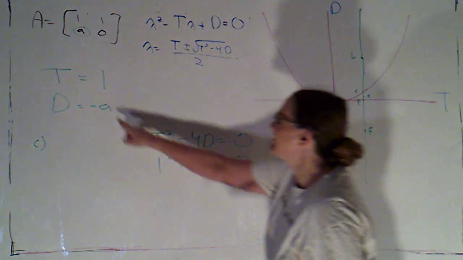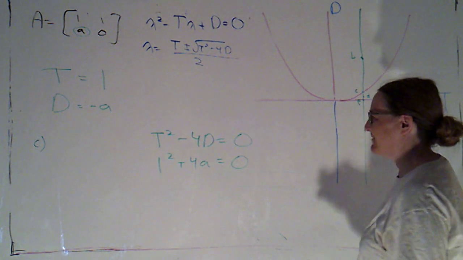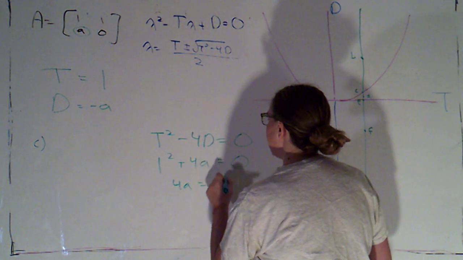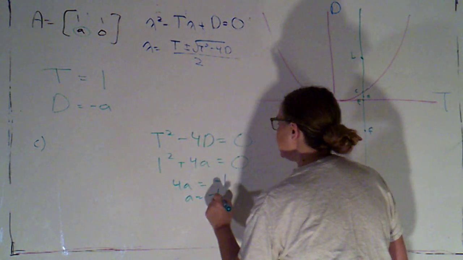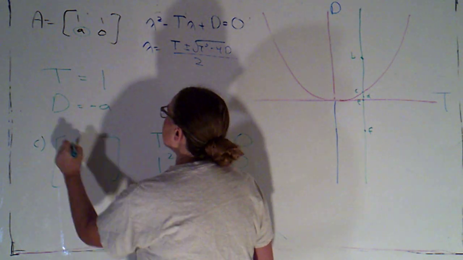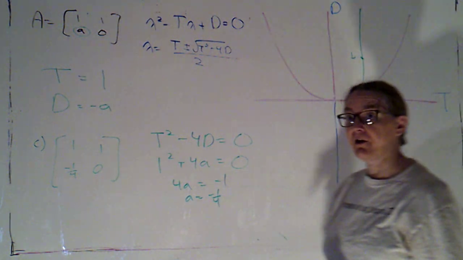Yes, d was negative a, so minus 4d is plus 4a. So that's going to give me 4a is equal to negative 1, a is negative 1/4. So I now know that my matrix is 1, 1, negative 1/4, 0.